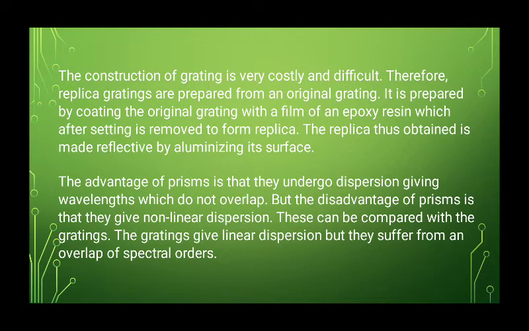The advantage of prisms is that they undergo dispersion, giving wavelengths which do not overlap. But the disadvantage of prisms is that they give nonlinear dispersion. This can be compared with the grating. The grating gives linear dispersion, but it suffers from an overlap of spectral orders.